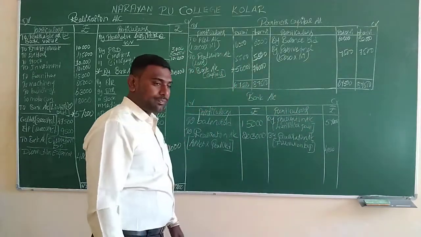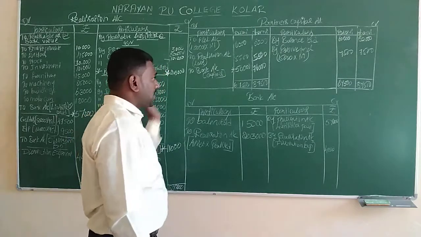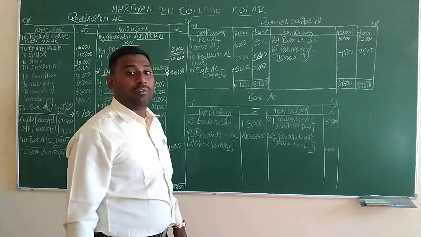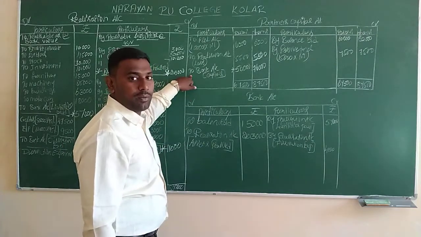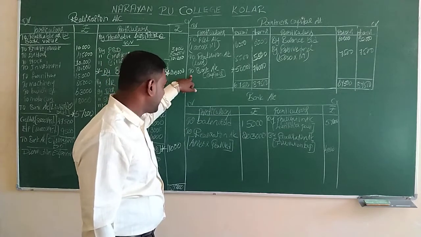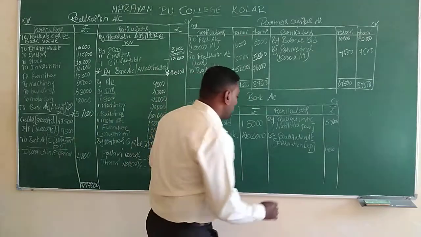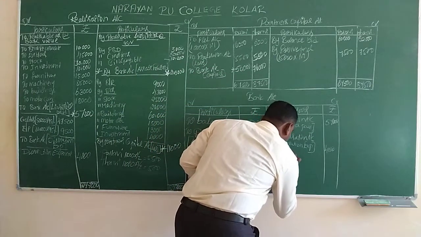After this we come to the next account, the partners' capital account. In the partners' capital account somewhere we have to write the term bank account. Credit side we have to write. Is it right? No, debit side we have to write. That value comes to the credit side of the capital account, so we write by partners' capital account.